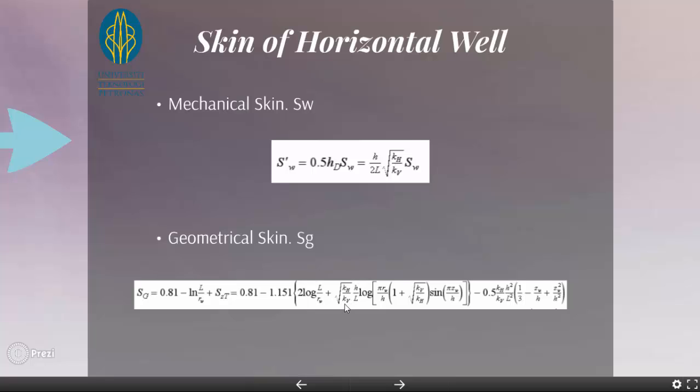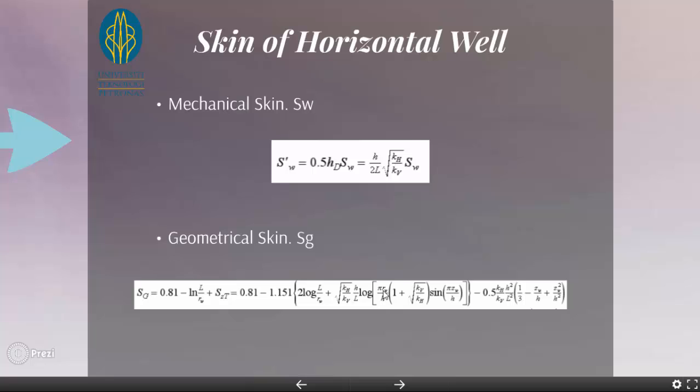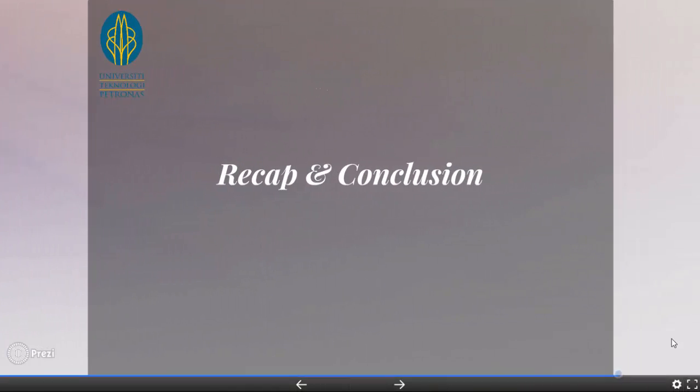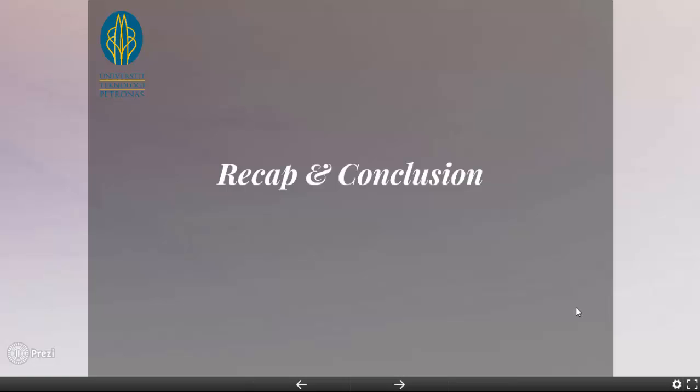over rw. When a vertical pressure drop is introduced, as in the examples kv over kh less than 1, the geometrical skin is less negative and the curves reach the infinite vertical permeability behavior only when the drain hole is very long. As of now, we have already described the models used for horizontal wells, followed by the characteristic flow regimes of horizontal wells.